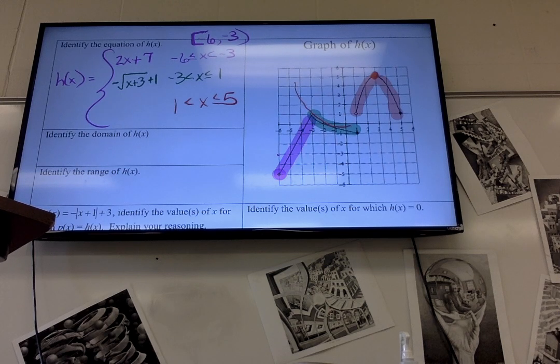Normally, they go something like that. So I know it's been flipped, so it's a negative. I know my vertex has been moved to the right 3. So what do I do with the x to make it move right 3? Subtract 3. It's squared, because the squared is what makes it a parabola. And then it's been shifted up 5. So you add 5 on the end.